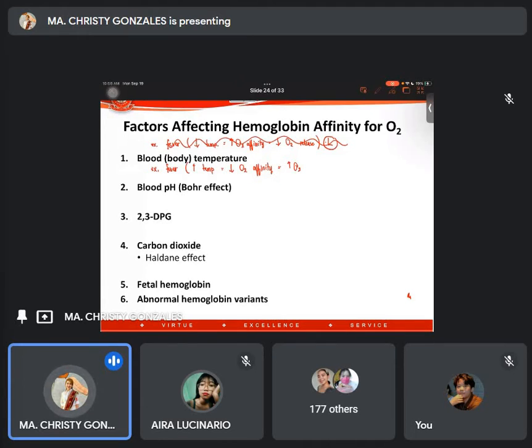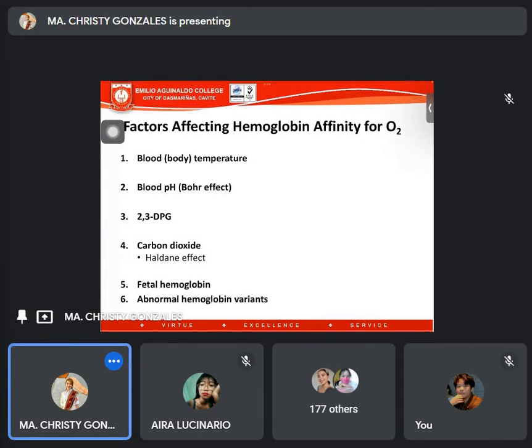Okay lang, burahin ko ha. Mataas na body temp. Decrease ang affinity. Increase ang oxygen release. Okay?